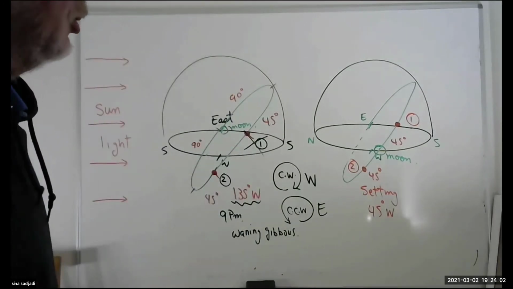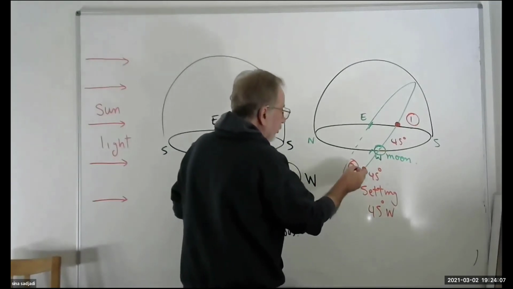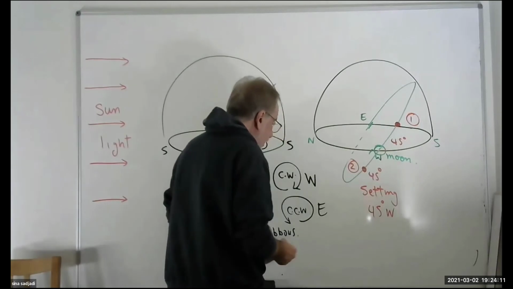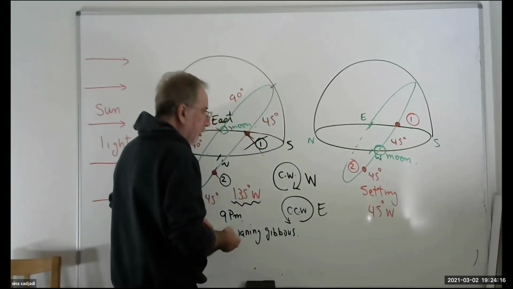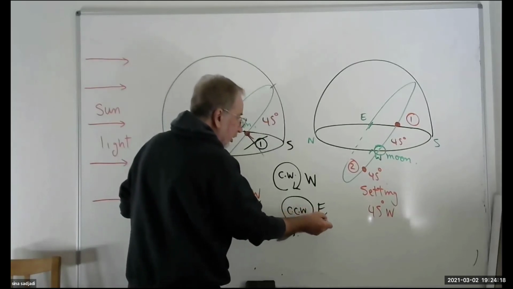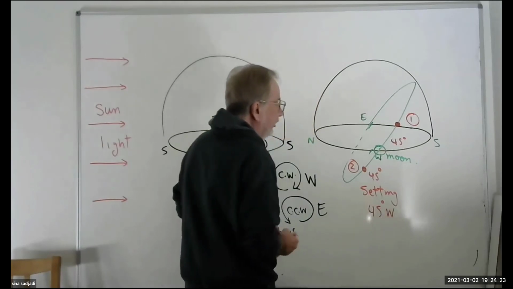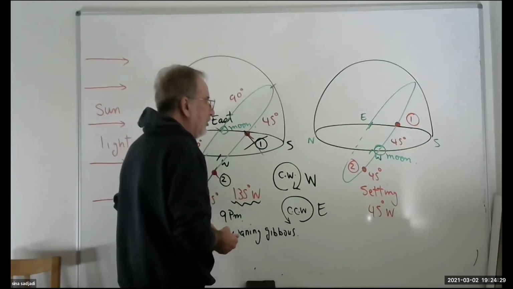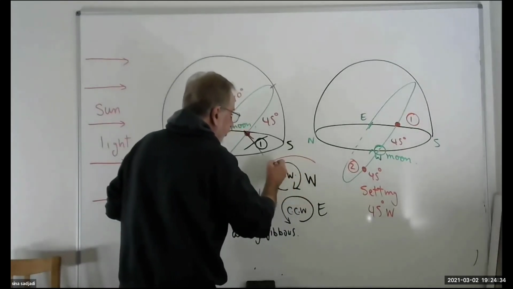2. Okay, so from 2, I'm going to go to the moon counterclockwise. That's not what you want to do, right? Counterclockwise is east. We have a west angle, 45 degrees west of the sun. That means we have to go from the sun to the moon clockwise.